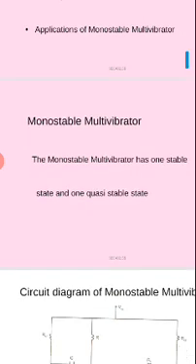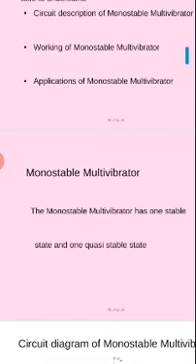If we apply trigger pulse to the monostable multivibrator, it enters into the quasi-stable state.